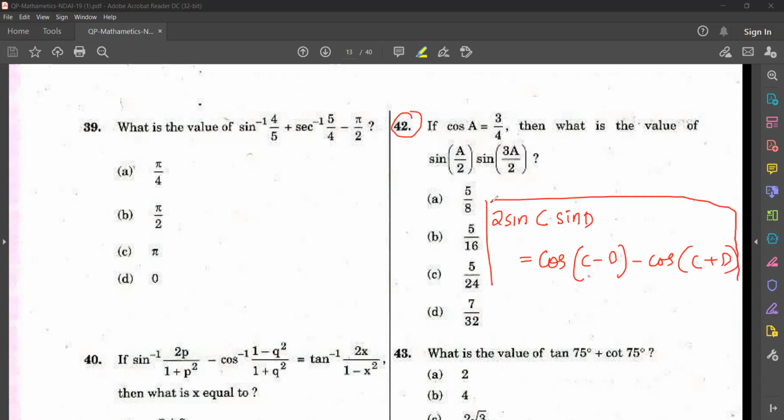This is a hint for this question. I want you to try it yourself.